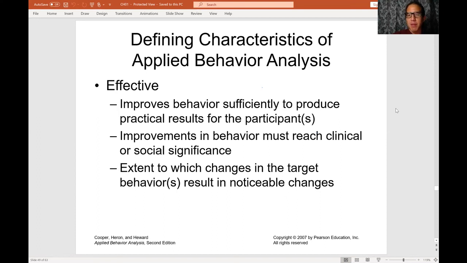So this means that applied behavior analysis is not only that we have an understanding of behavior, but it's also that it's effective, that it really improves behavior to the extent in which it's not only noticeable from the practitioner, from the analyst, but is also noticeable and it has social significance for all the people involved. So it's very effective. It has to be social significance change.